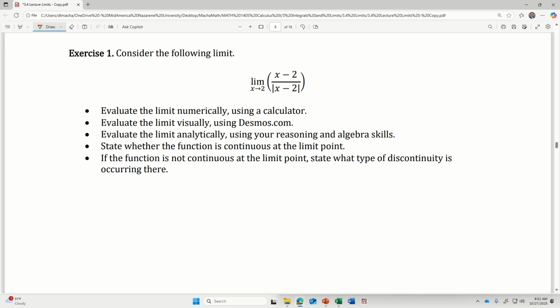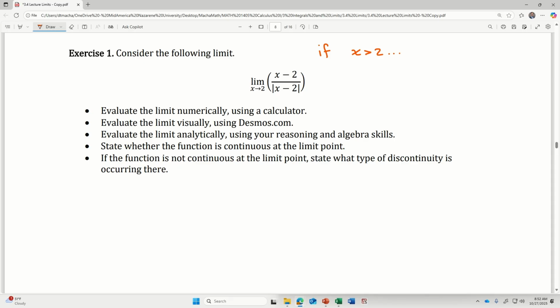Okay, consider the following limit. I'm taking the limit as x approaches 2 of x minus 2 divided by the absolute value of x minus 2. And so what happens if x is greater than 2?